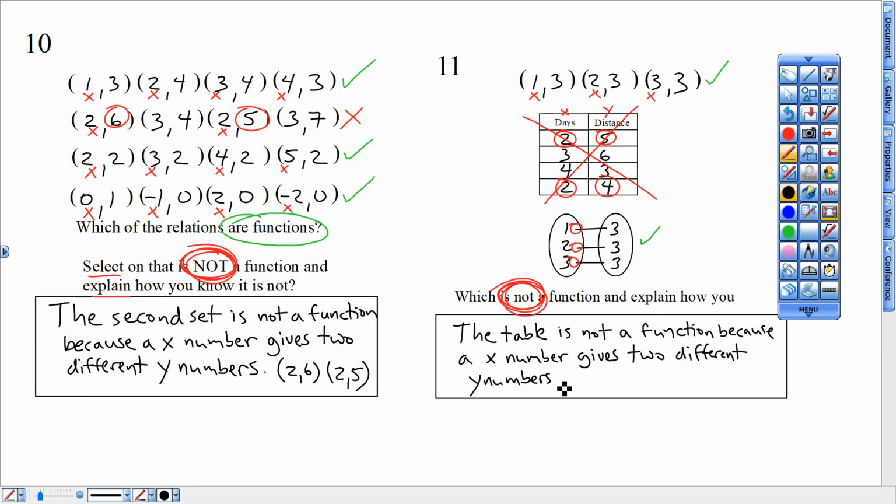And then maybe write the ones they are for this one. 2, 5, that's no good. And then 2, 4, can't have the same x number give you 2 different y numbers. That's not a function. All right, here we go. Moving on.